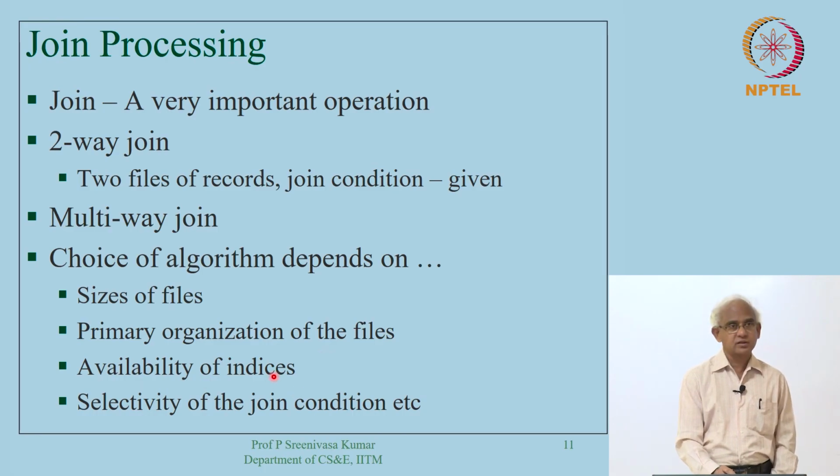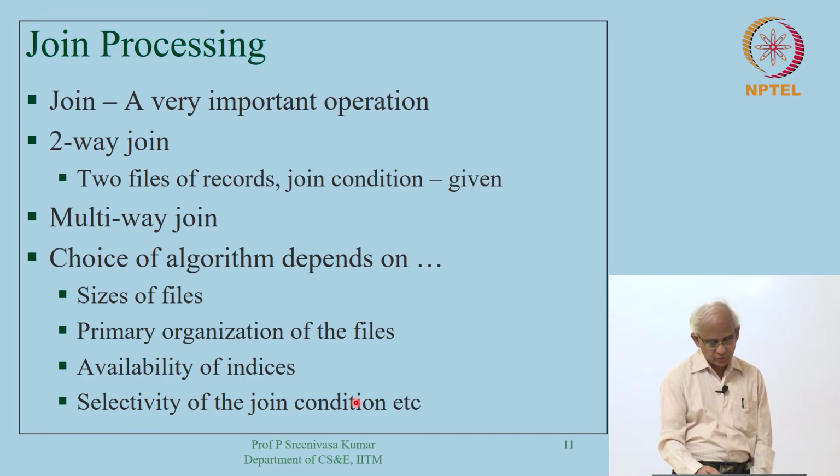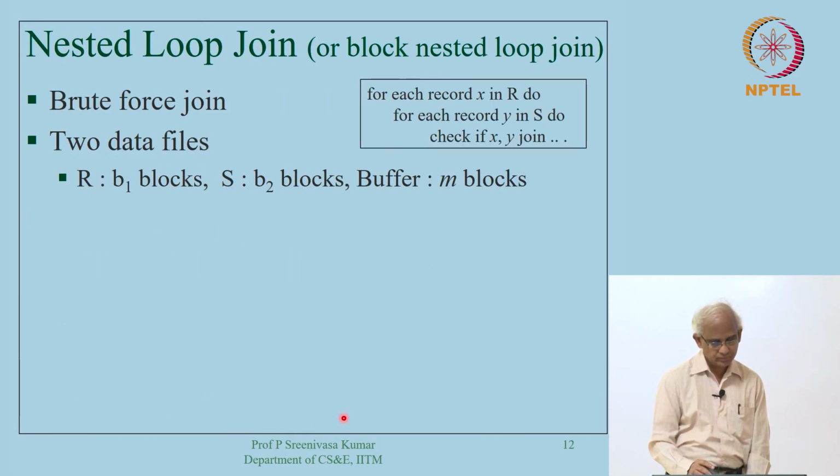And are there indices available? So these are some of the questions. And what about the selectivity of the join condition? So these are the various things that are involved.